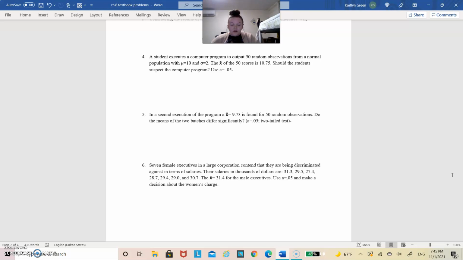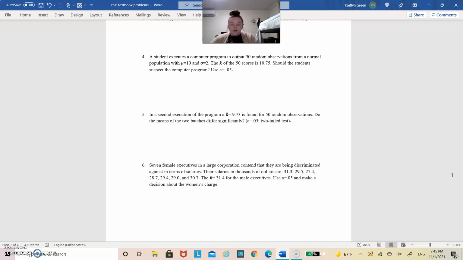And to find that value, I took the square root of sigma squared over n1 plus sigma squared over n2. And I got a value of 0.4 for that part of the equation.